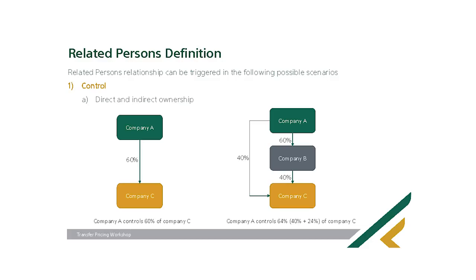The other example, as you see here, is company A that owns 60% of company B, and in return, company B owns 40% of company C. At the same time, company A directly owns only 40% of company C. In this case, the 40% as a direct ownership is less than 50, but take into consideration that there is indirect control by company A on company C. So in this example, 60% of B multiplied by 40% of C gives 24% indirect control between A and C, plus we have the 40, so the total is 64, which is more than 50%, and ownership control is triggered.